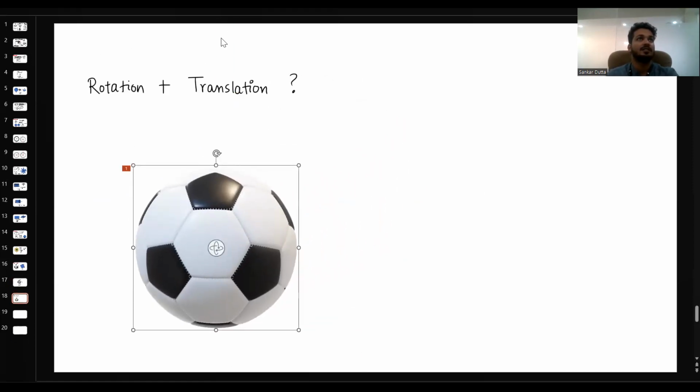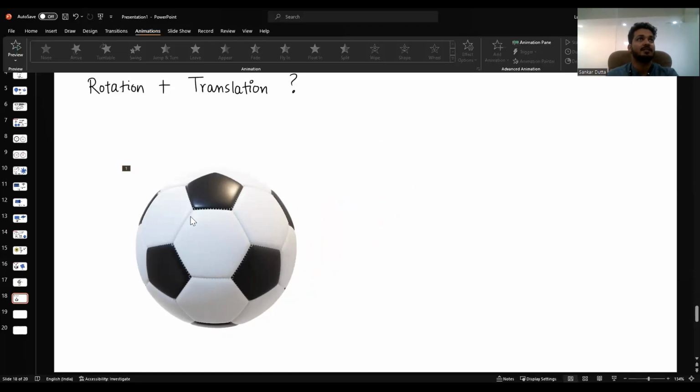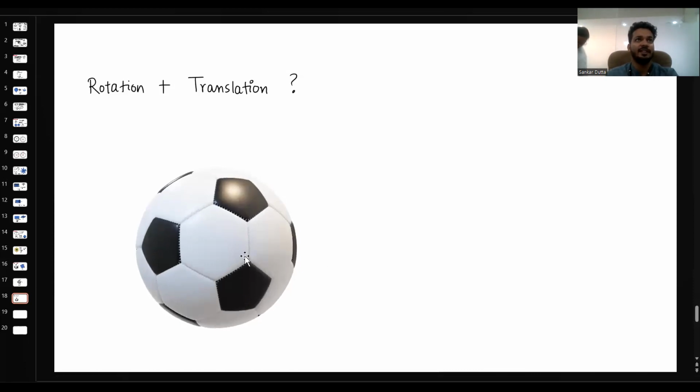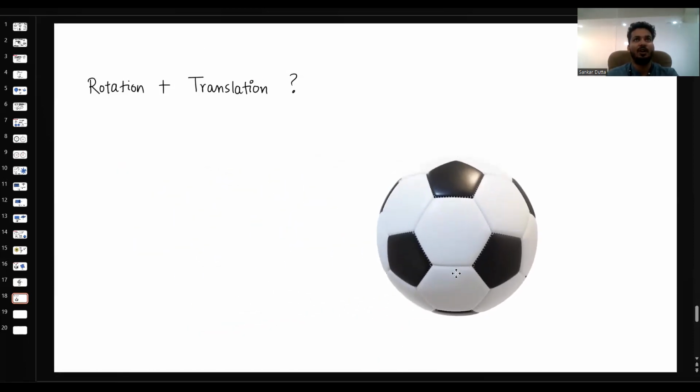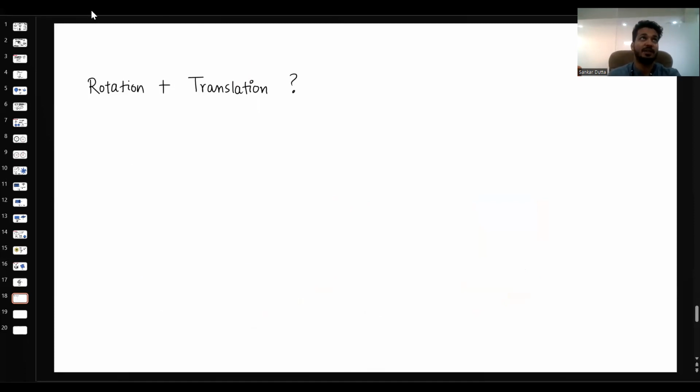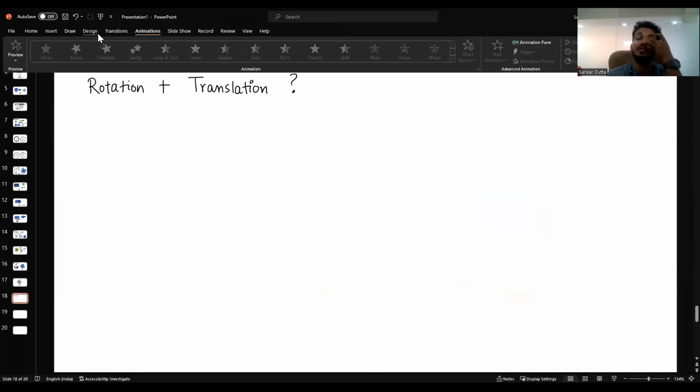Let me also animate this. It is rotating, but it's also moving forward. It's doing both. Rotation and translation would mean, imagine a car wheel. A car wheel is doing rotation as well as translation. The center of mass of the wheel is moving forward, and also the whole wheel is rotating about the axle.